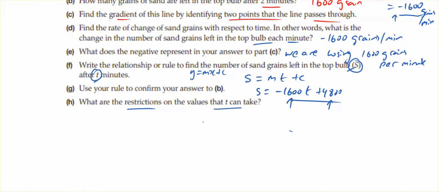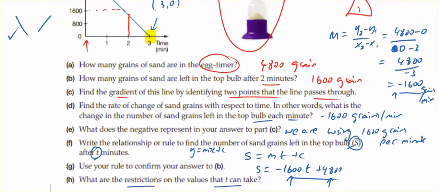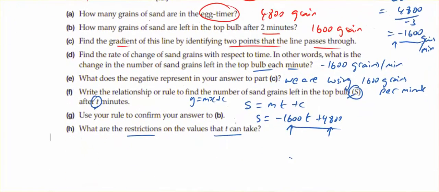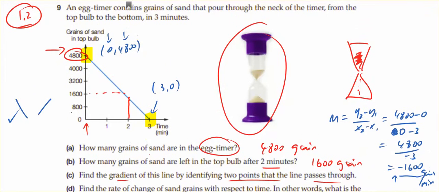What are the restrictions on the values that t can take? What that means is, would all values of t make sense for this graph? If I were to go to the negative t region, so negative 1 minute, negative 2 minutes, would that make sense? No, because even if I extend the graph beyond what it's drawn here, that means you have negative time.